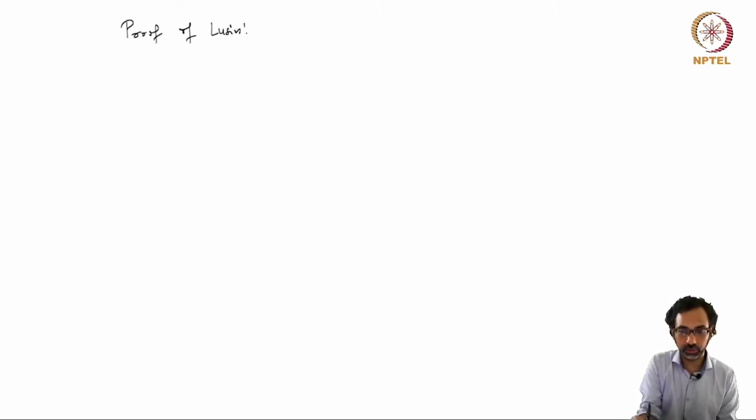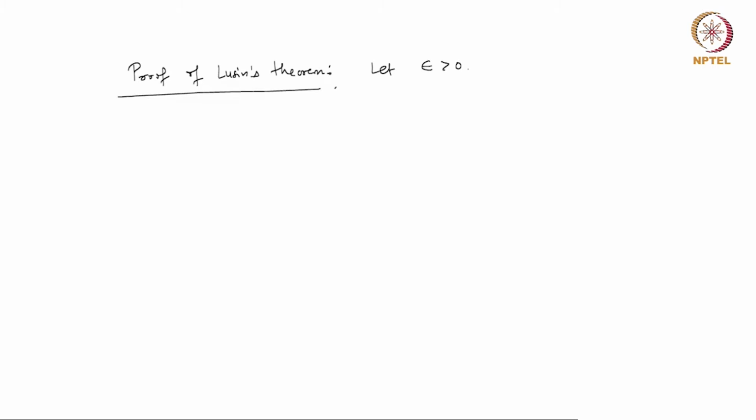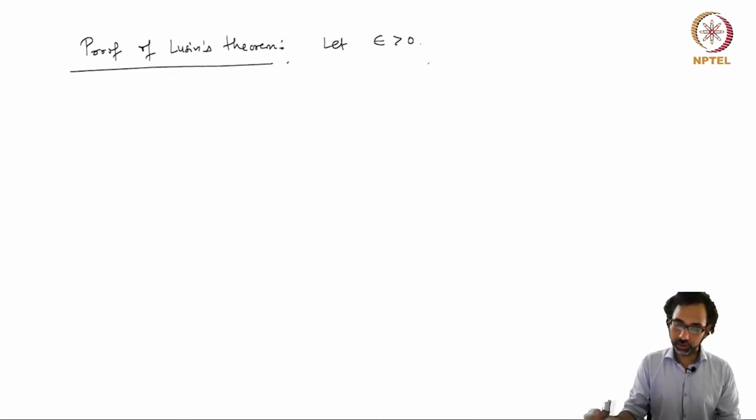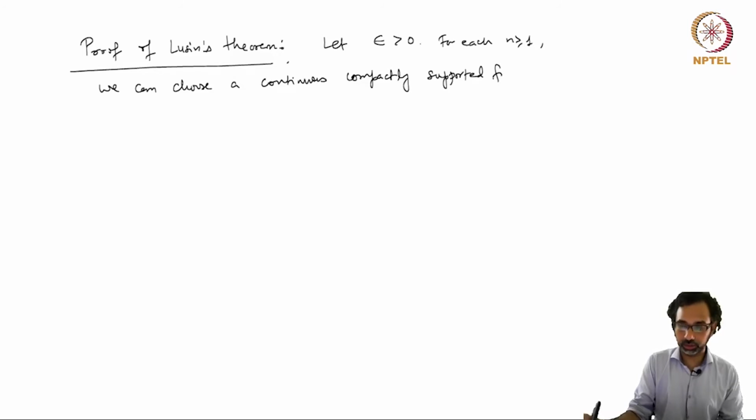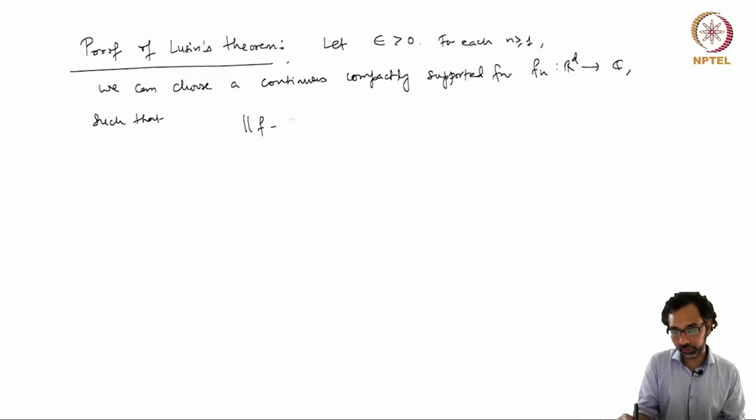Proof of Lusin's theorem. Let us fix epsilon greater than 0, and by our preparatory lemma, for each n we can choose a continuous compactly supported function fn from Rd to C such that the L1 norm of f minus fn is less than or equal to epsilon by 4 to the power n.